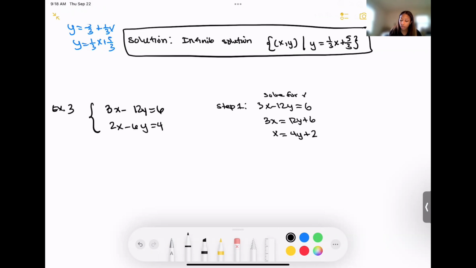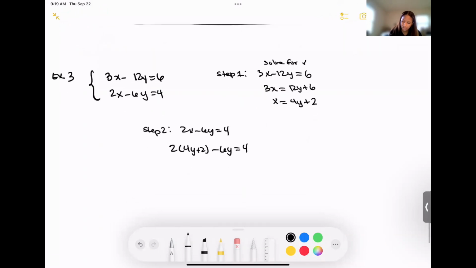So x equals 4y plus 2. Then for our next step, we're going to take 2x minus 6y equals 4 and substitute for x. So we'll have 2 times 4y plus 2 minus 6y equals 4. This gives us 8y plus 4 minus 6y equals 4.